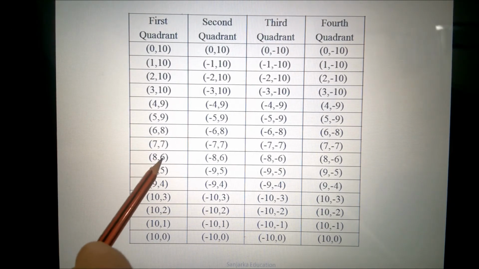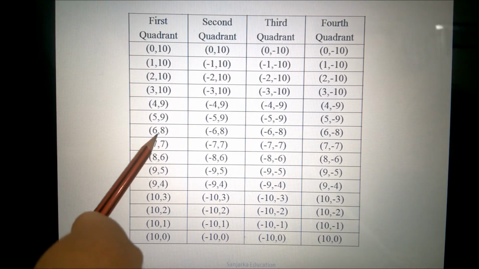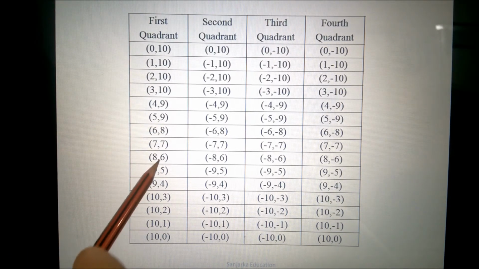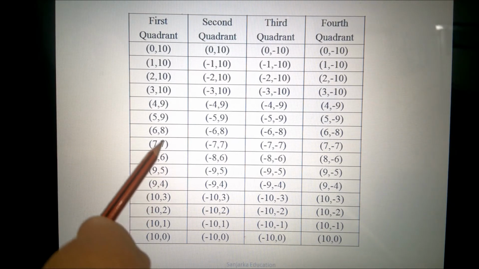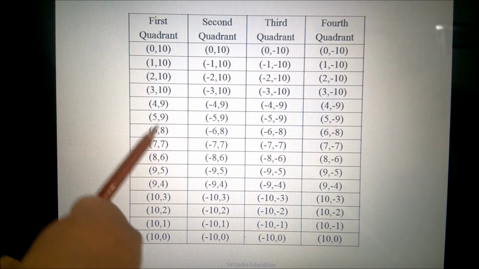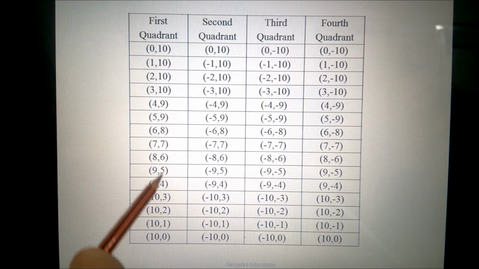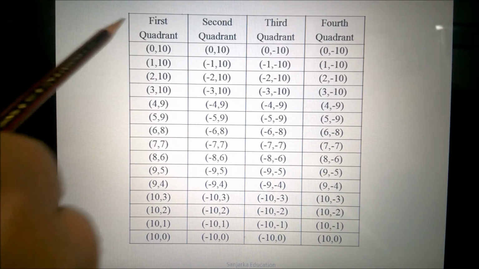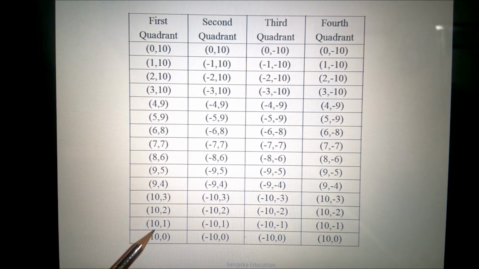We'll interchange it: (6, 8) will become (8, 6). Here (5, 9) will become (9, 5). In that way, all these will be interchanged and we will get the pixel coordinates in the other octant of the first quadrant. Therefore, we are getting all the pixel coordinates in the first quadrant.